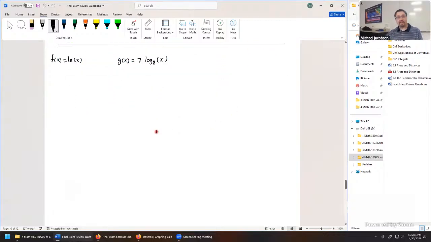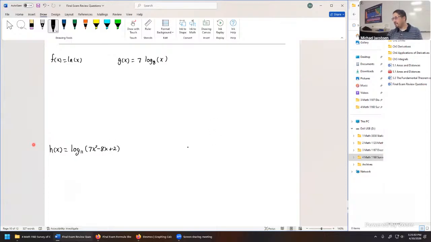And then to complete our category of different functions, let's say another one is h of x equals, how about log base 11 of 7x squared minus 8x plus 2.